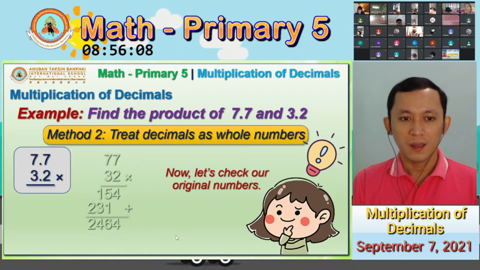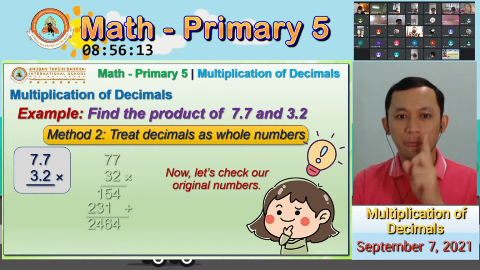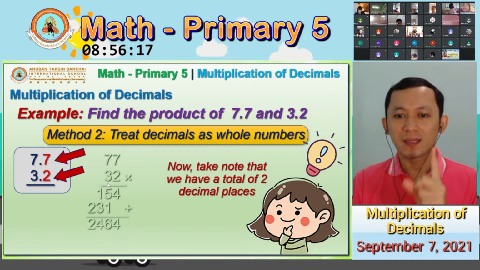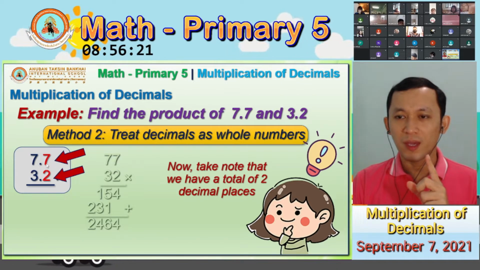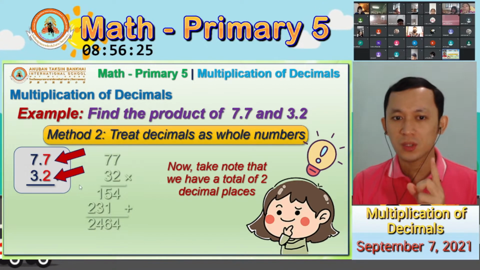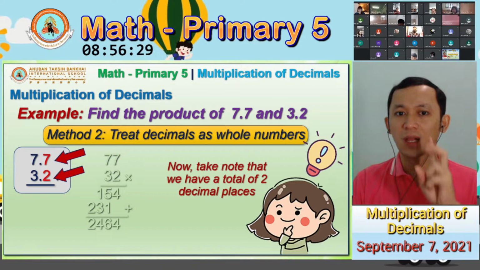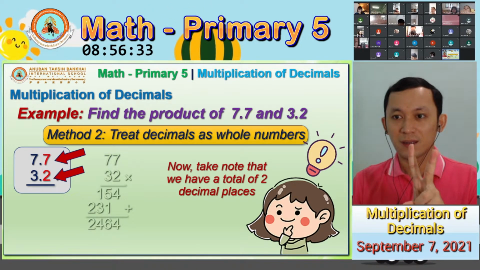Now let's go back to our original number. How many decimal places do we have? We have here 0.7 and we have here 0.2. So we have a total of 2 decimal places.